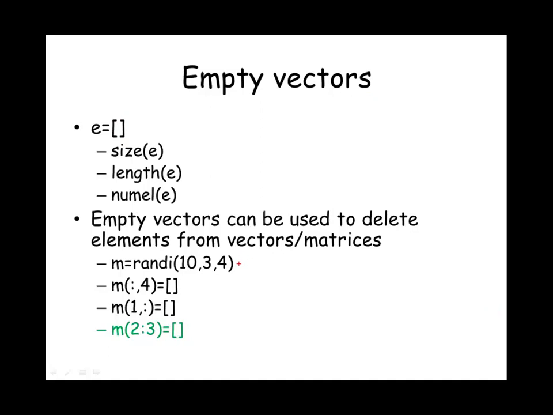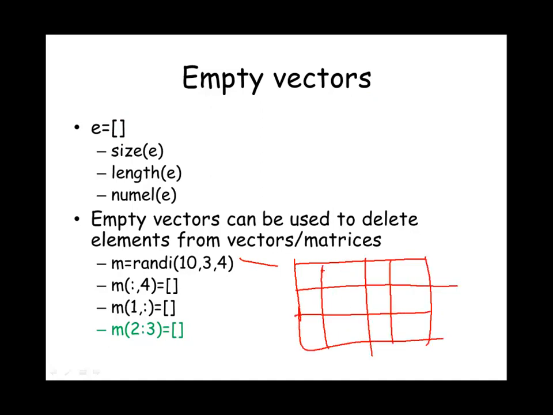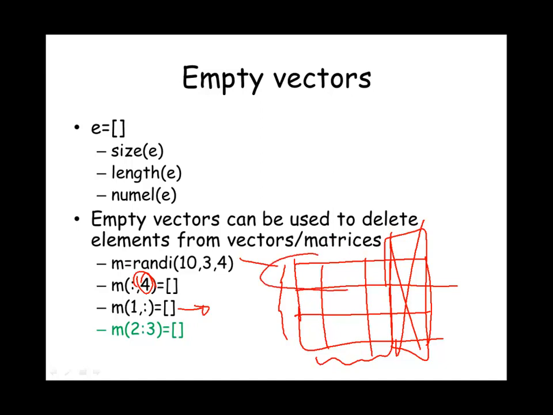In this example, we have a matrix that has 3 rows and 4 columns. And in the first example, we are removing the 4th column from this matrix. So MATLAB will get rid of this 4th column, and as a result, M will contain 3 rows and 3 columns. In the next example, we are removing the first row, so MATLAB will get rid of this first row, and matrix M will have 2 rows and 3 columns left.